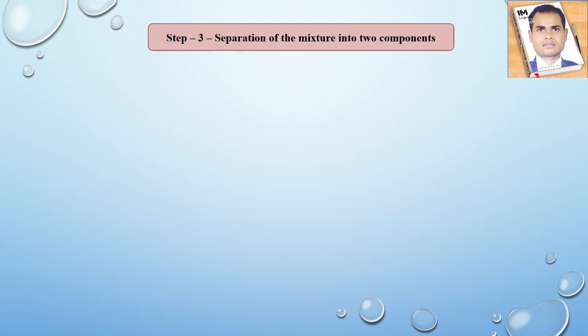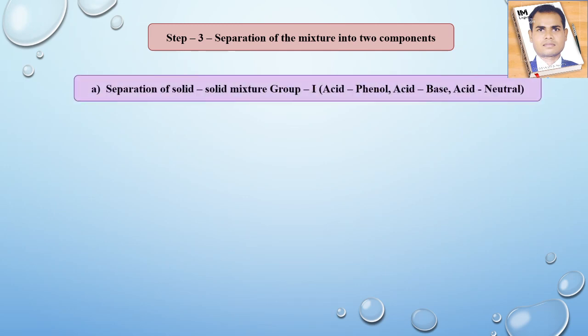Step 3 is separation of the mixture into two components. In the mixture, two components will be present, so how can we separate them? Here is the separation of a solid-solid mixture, group first.